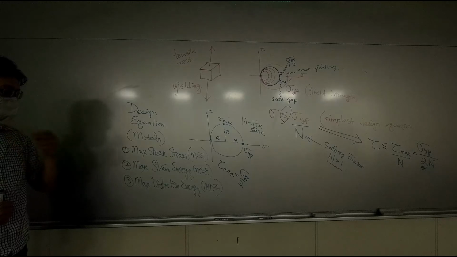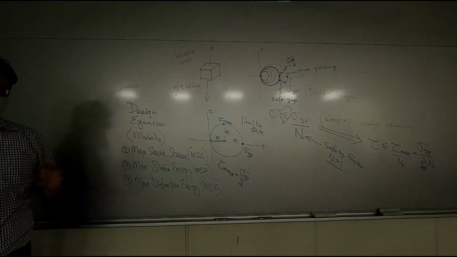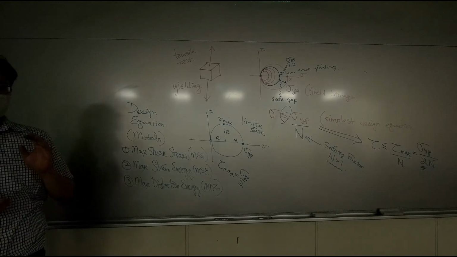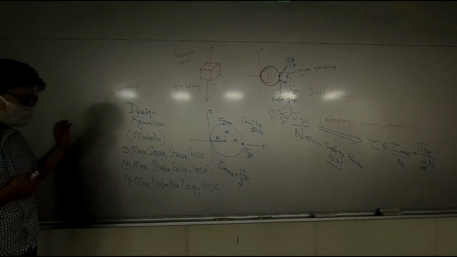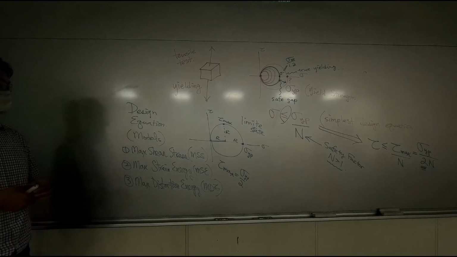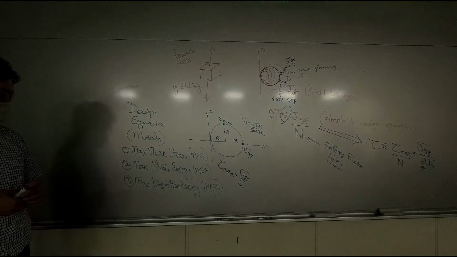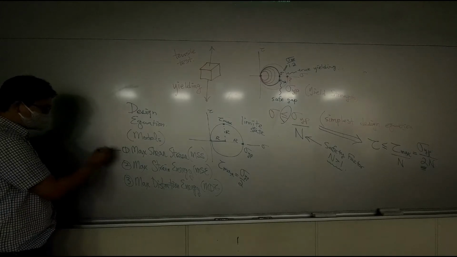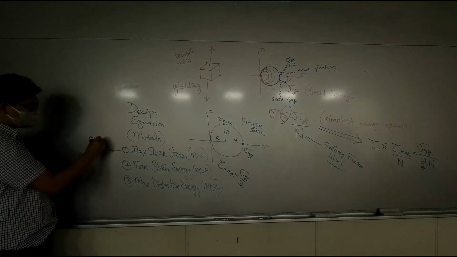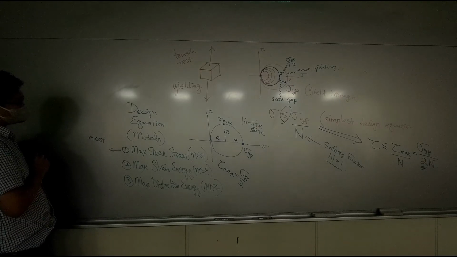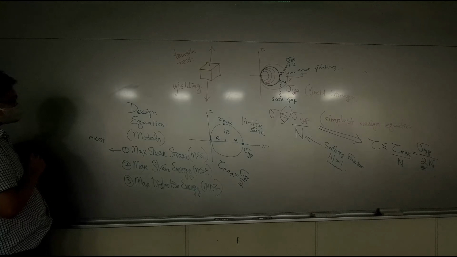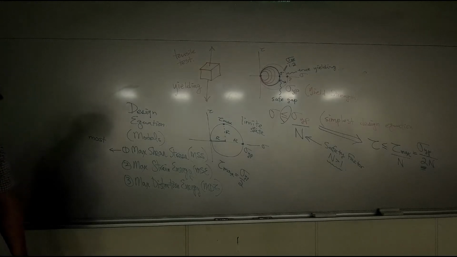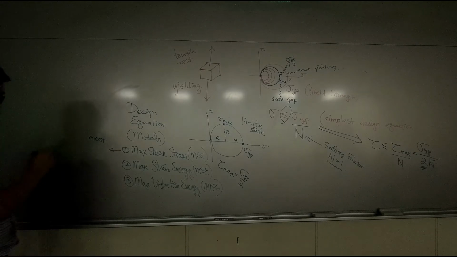Okay, so they are 3 different ways to design a material, and their mathematical forms are different. Their mathematical equations are different, and you can say this one is the most, what's the word? Oh, conservative.